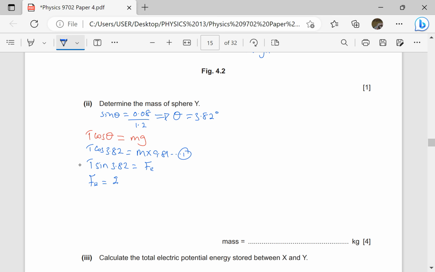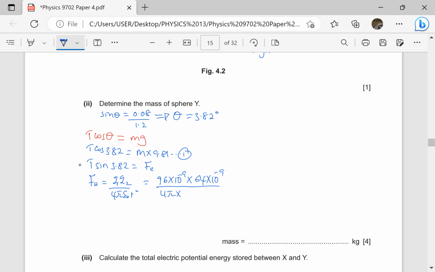So it will be Q1 Q2, the equation is given in the list of formulae, divided by 4 pi epsilon naught times r squared, where r is the separation. So this is going to be equal to 96 nanocoulombs, so that is 96 times 10 power negative 9. Then Q2 can be 64 times 10 power negative 9, divided by 4 pi.